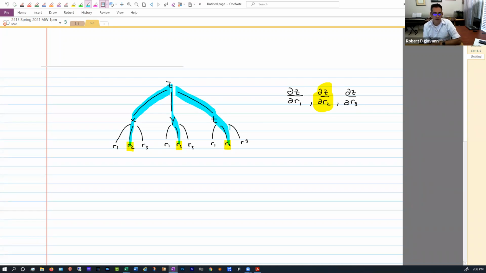I'm going to figure out what the derivatives are down the branches, multiply down the branches, and then add up all those things. The first branch from z down to x has to be a partial because z depends on x, y, and t. And then down the blue branch here, x depends on three things, R1, R2, and R3, so it also has to be a partial.